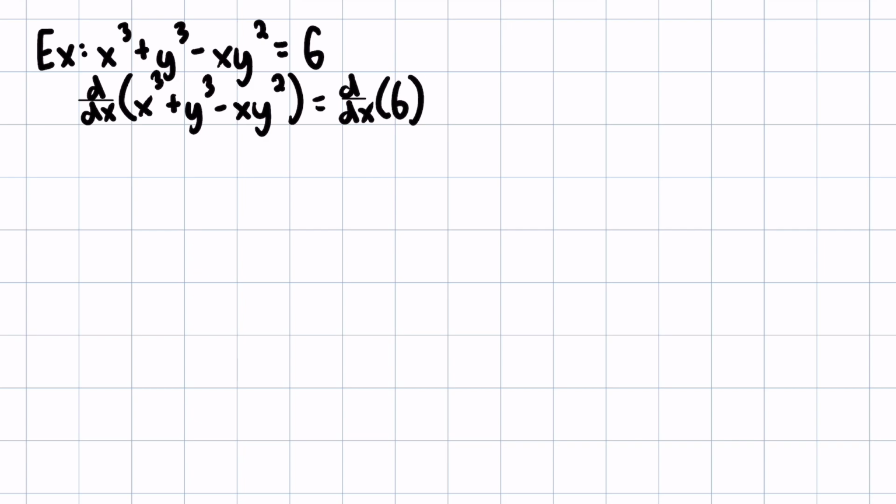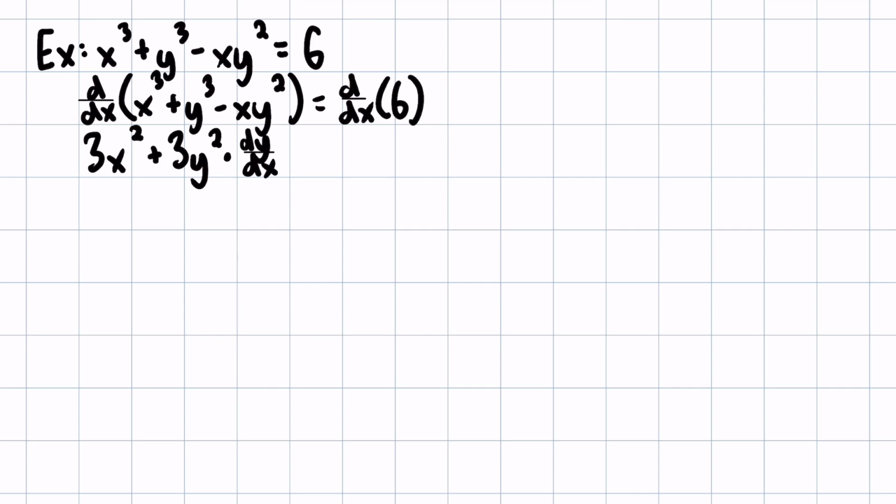Okay, so x cubed, that's only in terms of x, and so we are just going to use power rule. So that just becomes 3x squared. For the y cubed, sort of like with the last problem, we treat it like chain rule, right? So we take the derivative, it becomes 3y squared, but then we also have to multiply by dy/dx, the derivative of y with respect to x.